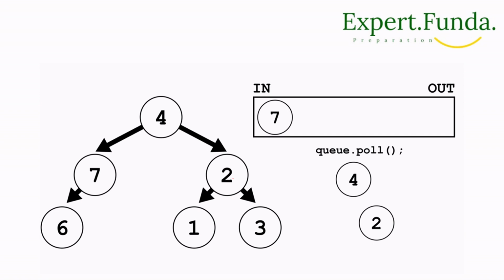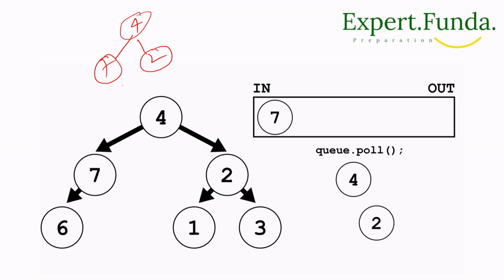And once this swap is done, two things we have here, right? 4 has one child 7, another 2, right? So first of all we have removed it with poll from the queue. Now 4 has 2 children, first we have 7 and another we have 2.